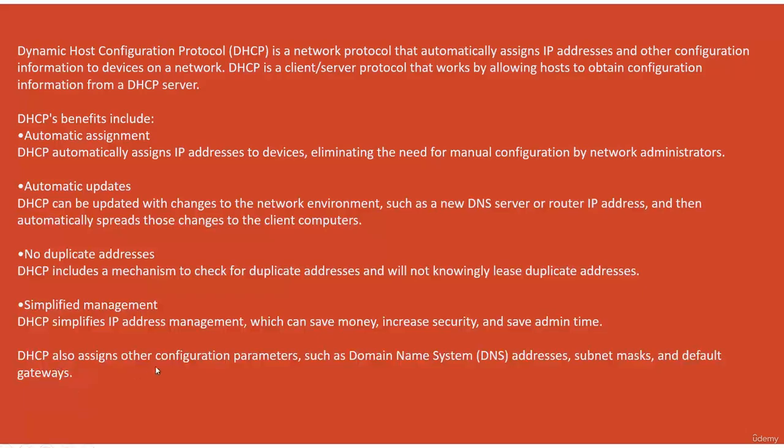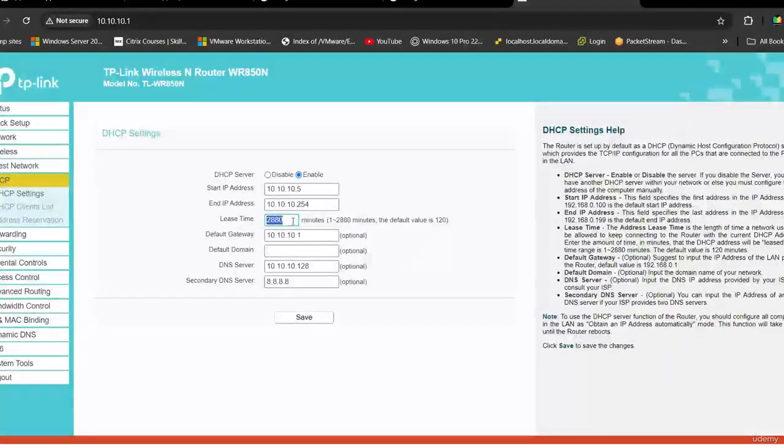DHCP also assigns other configuration parameters such as the domain name system, DNS address, subnet mask, and default gateway. So using DHCP, I can also manage the DNS IP address, the subnet mask, and the gateway. Here, the lease time I have set up like this. I can set from 1 minute to 280.